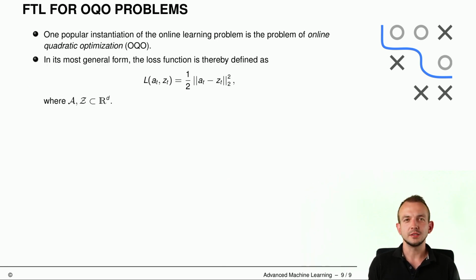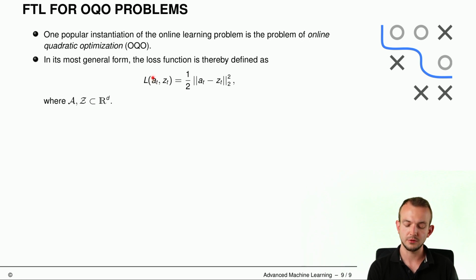And we can use this result to derive theoretical guarantees in terms of the regret bound for the follow the leader algorithm. One quite interesting problem is the online quadratic optimization problem, where quite generally the loss function is nothing else than the quadratic loss function we know from machine learning.